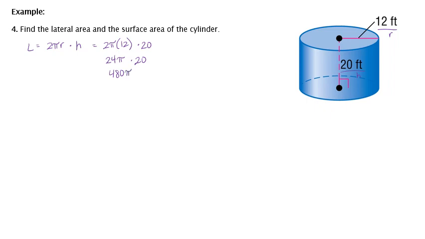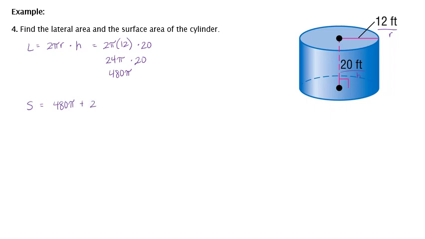Okay, so we'll probably want to round that off, but maybe for now I'll leave that in terms of pi, just so that we can also get our surface area. So surface area, again, S, is going to be equal to that lateral area, 480 pi, plus 2 times the area of the base.